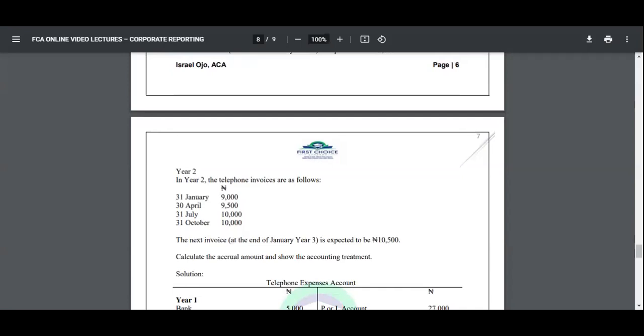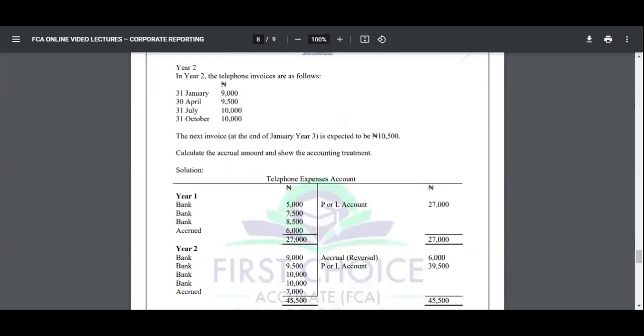And the next invoice is expected to be 10,500 naira. This is from the question, not from the solution. So we have telephone expense, bank, 7,500, 5,000, 8,500.